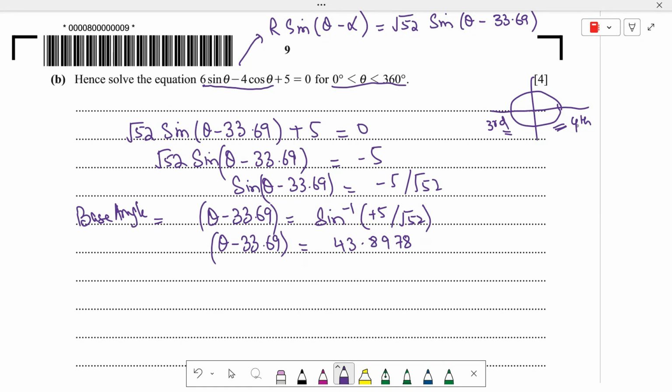So in the fourth quadrant we can find the angle as negative theta. So the first angle is theta minus 33.69 equals negative 43.8978, and in the third quadrant we will have negative 180 minus theta.